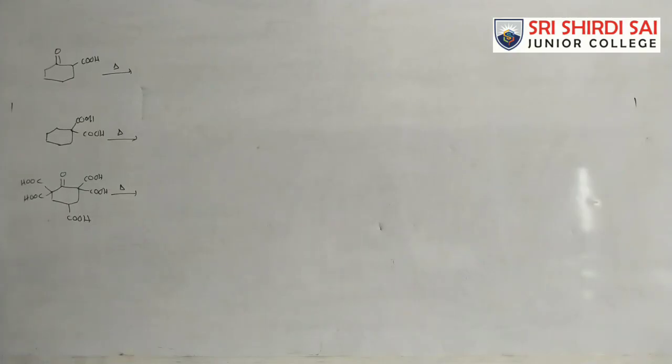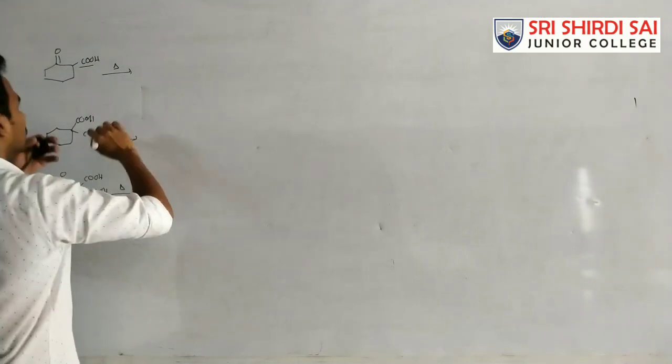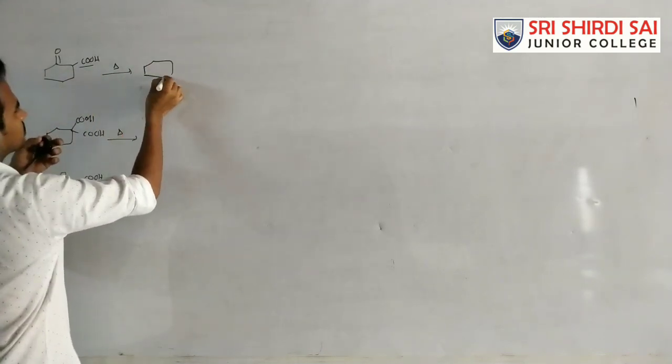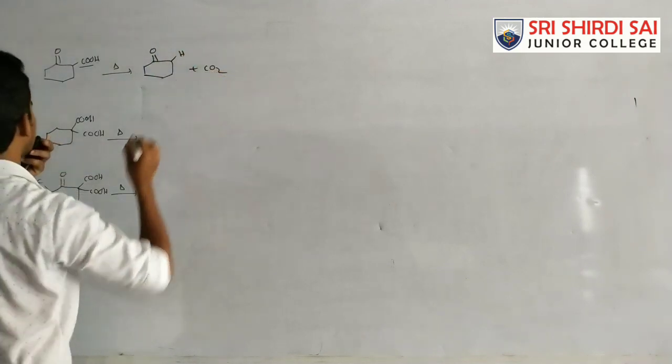Now some examples of decarboxylation. It is a beta keto acid, here alpha, beta. So removal of CO2 takes place, giving double bond O, H plus CO2. That's it.